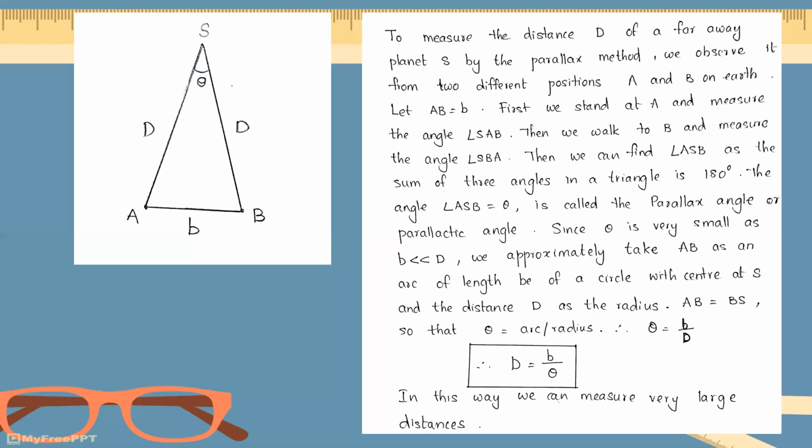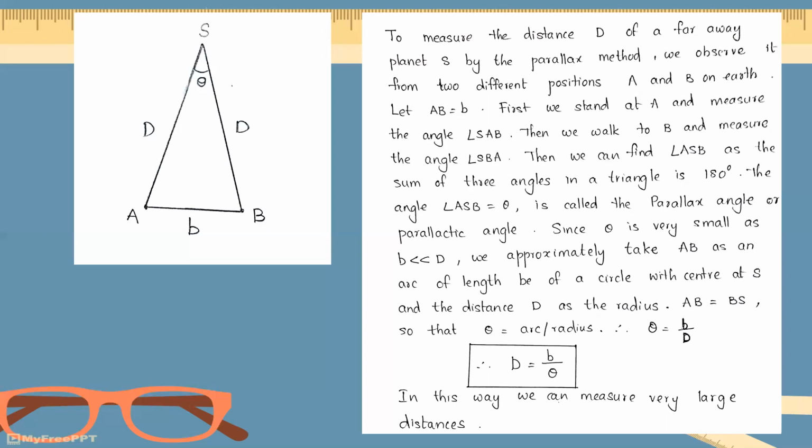Then after that, we walk a little distance away from A to a point B, and from there again we see the planet. That distance, let it be small b, and we will go to a point B, capital B, and from there again we see the planet.